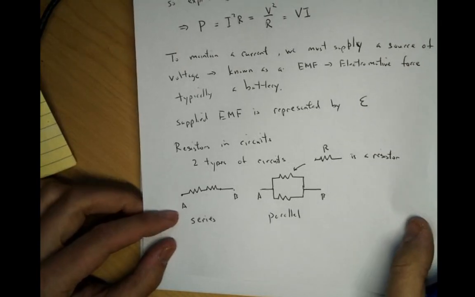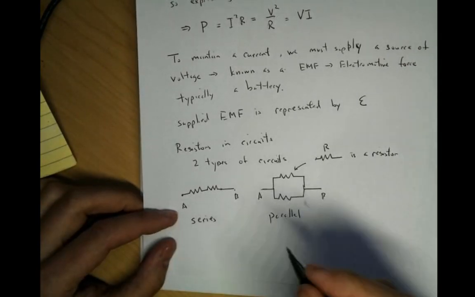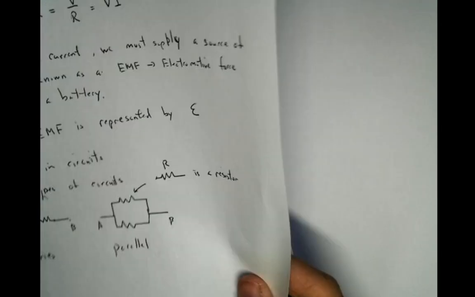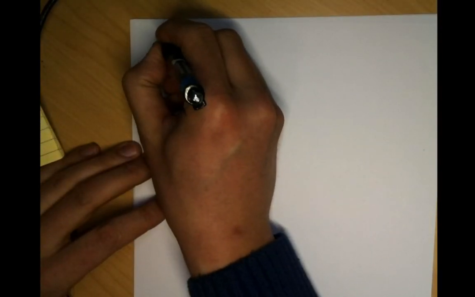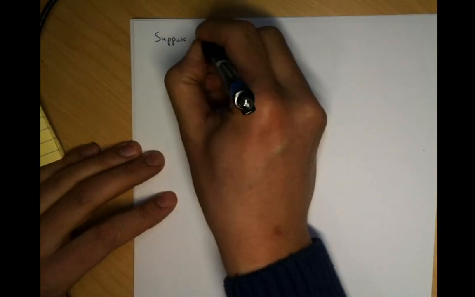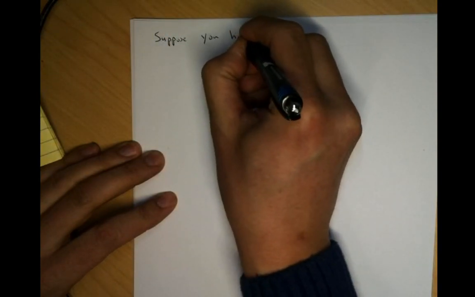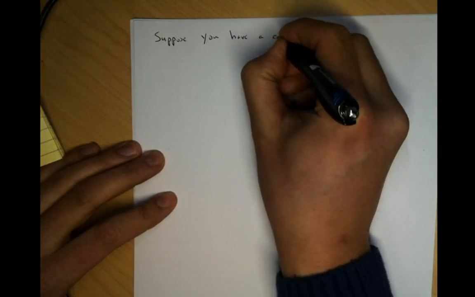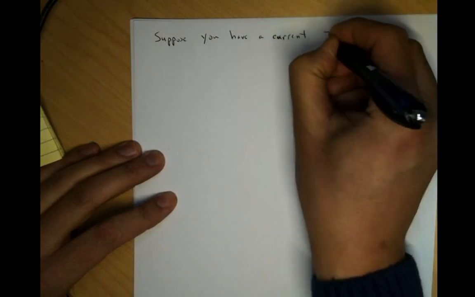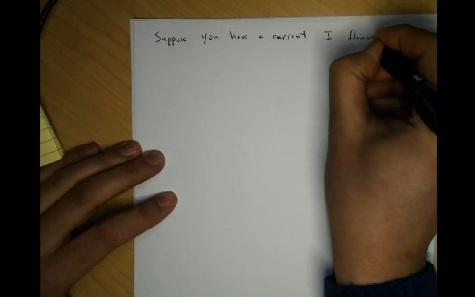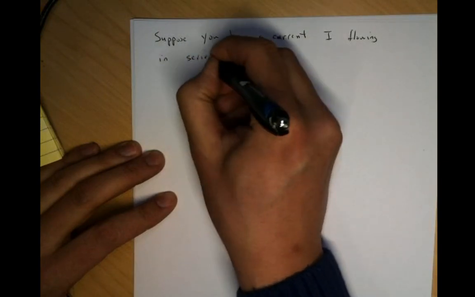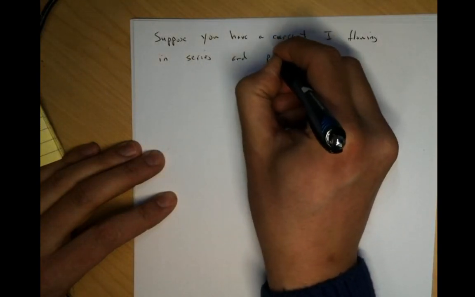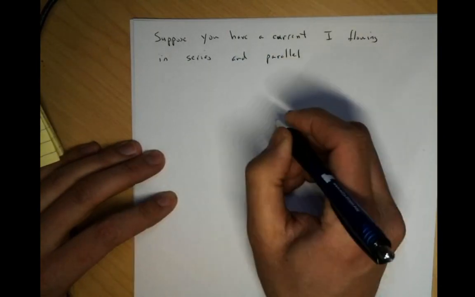Now suppose we have a current I flowing through these circuits, in series and in parallel. Let's do the series first.